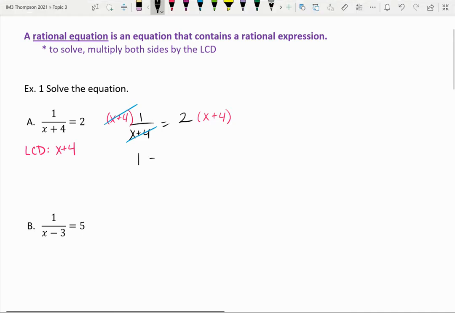And I'm left with 1 on the left-hand side. And then I'm going to distribute on the right. So 2 times x, 2 times 4.